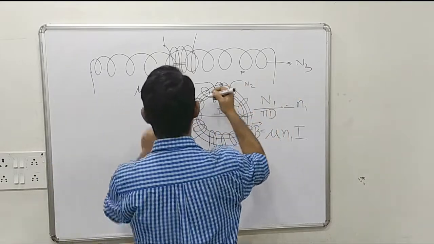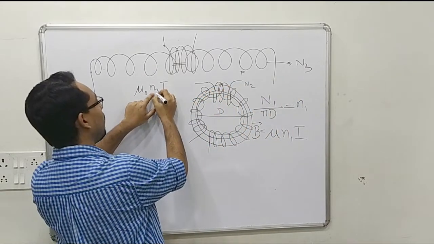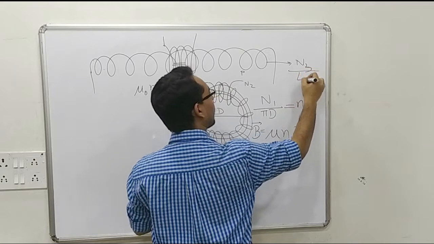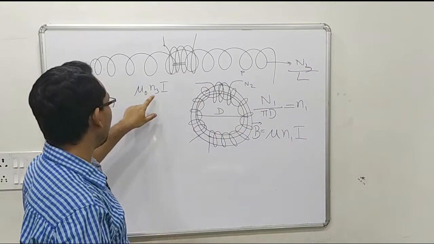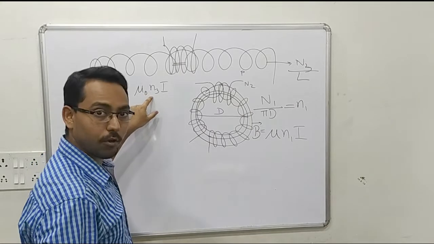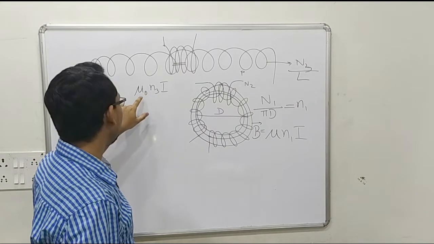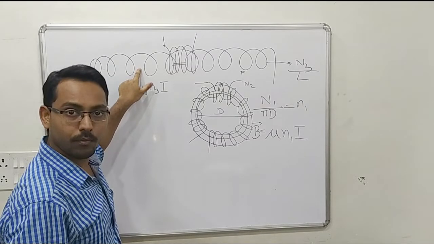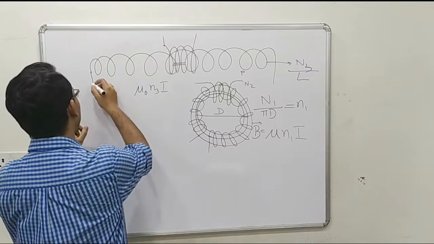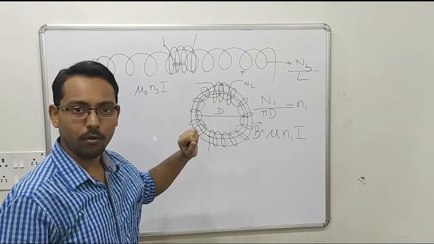As you know, this n is nothing but N3 by the length of the solenoid. So this is the number of turns of the primary of the solenoid per unit length, and this mu0 is the permeability of free space because this is an air core, and this I is the current flowing through this standard solenoid.